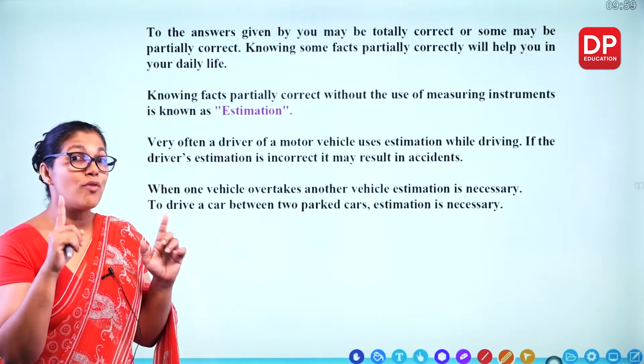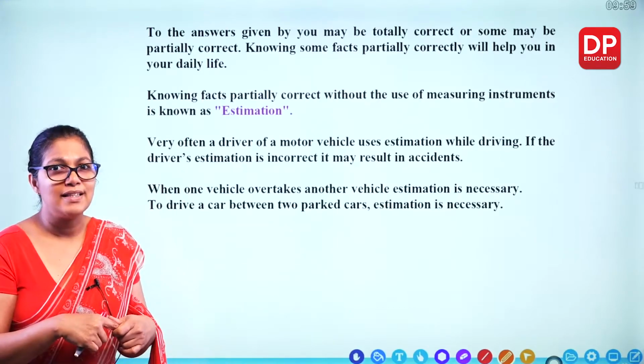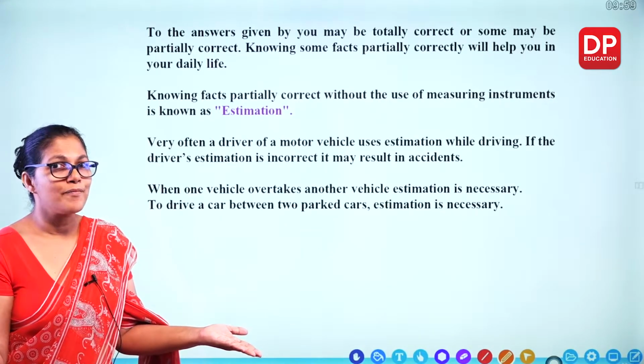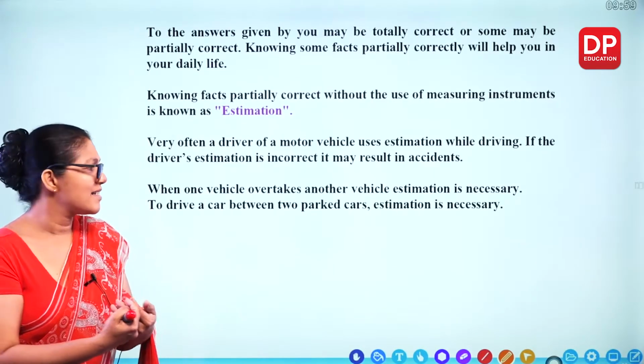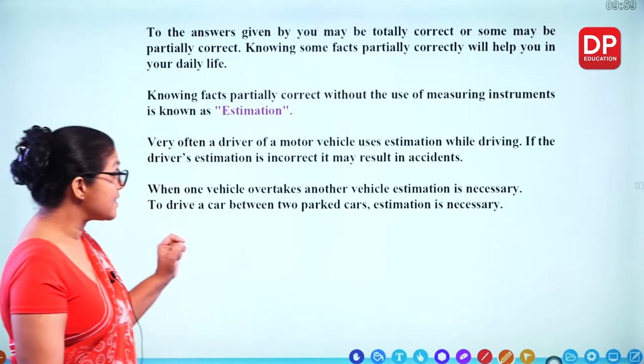So he needs to estimate and overtake the other vehicle. If the estimation is wrong, what will happen? Meet with an accident.